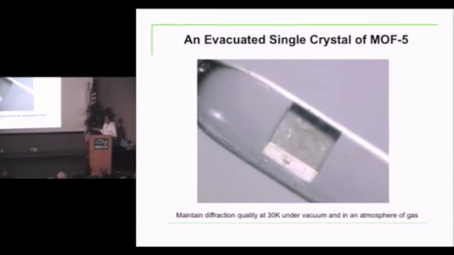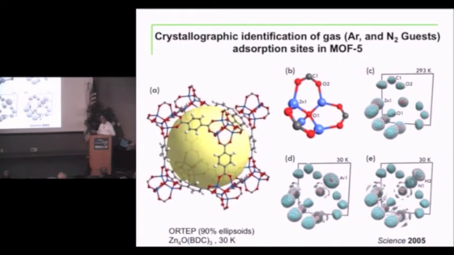The crystal was evacuated without losing its architectural stability or without introducing a lot of defects as to prevent its monocrystallinity. And we examined this by single crystal X-ray to find that indeed the framework is maintained in the absence of guests. This is the thermal ellipsoids at 90%. This is a structure that's done at 30 Kelvin.